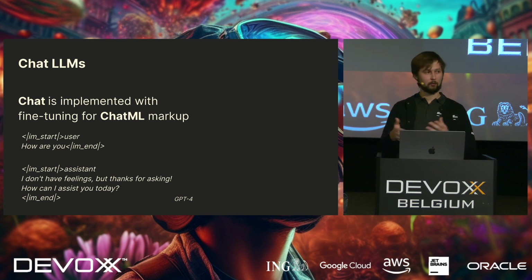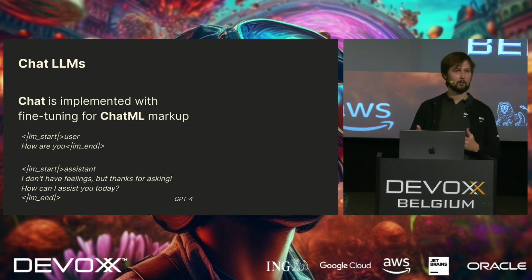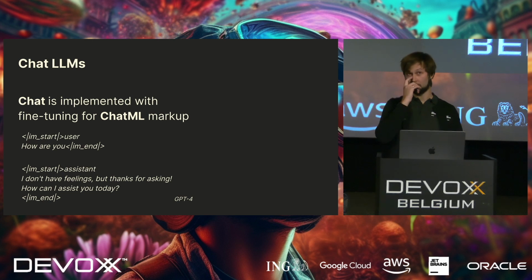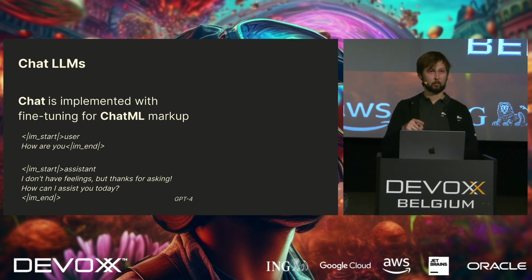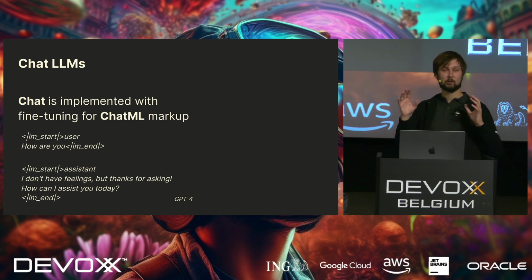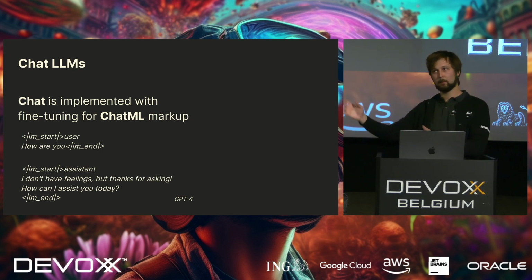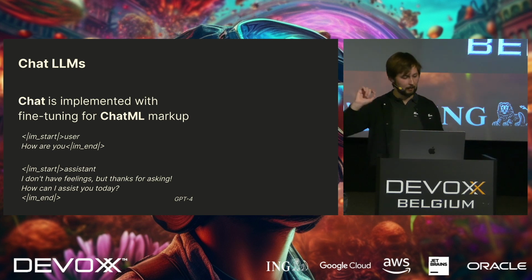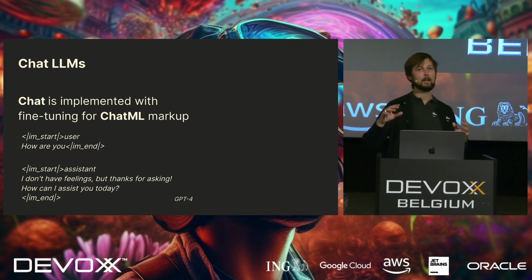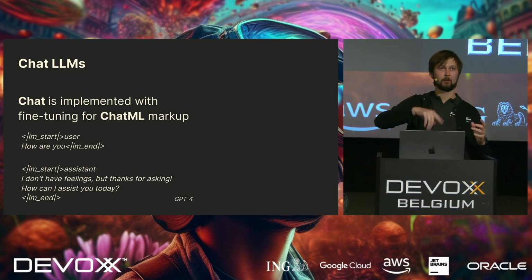Those who have been using large language models, as far as I remember Llama 2, for example, requires you to provide it with markup by hand. Those already know, but actually ChatGPT, GPT-4, Claude 2, AWS Titan, I don't remember any other names, but all of those models are actually just completion models that are predicting token by token.